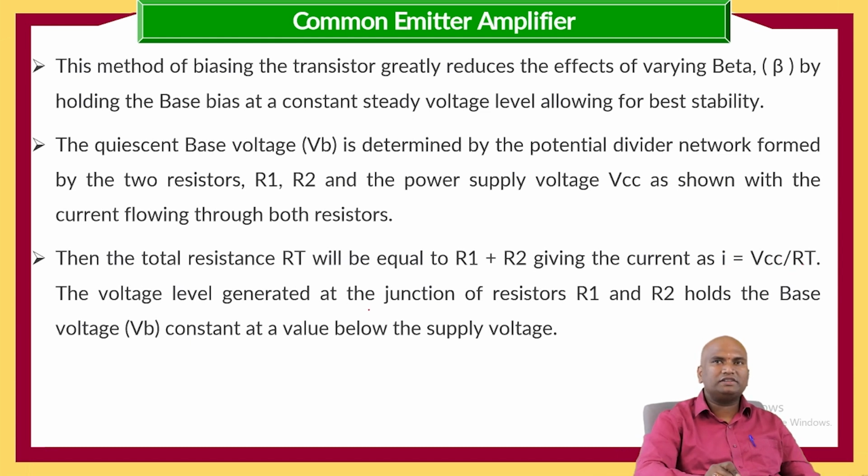And the voltage level generated at the junction of resistors R1 and R2 holds the base voltage. At the junction, whatever voltage we are going to get, that voltage holds the base voltage, and that value is constant at a value below the supply voltage.